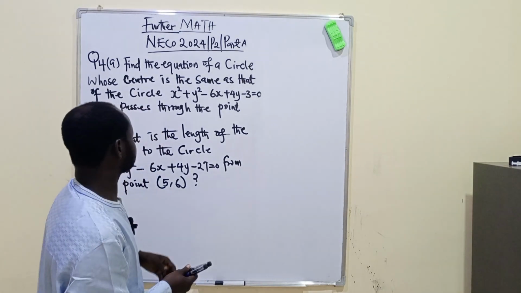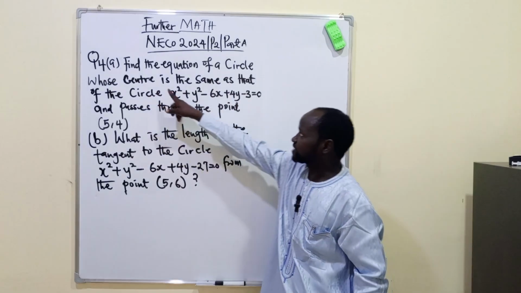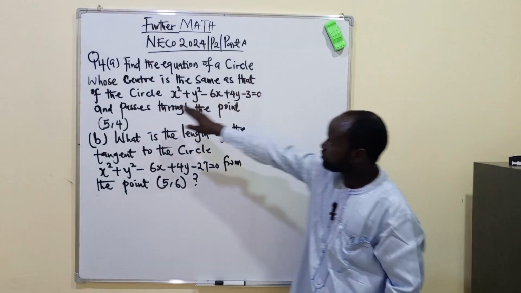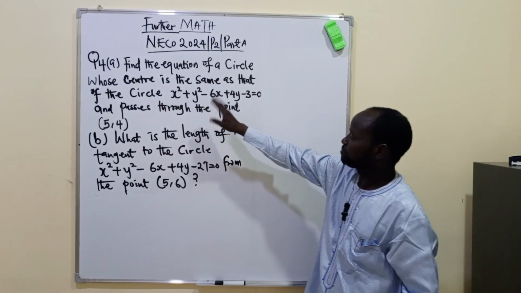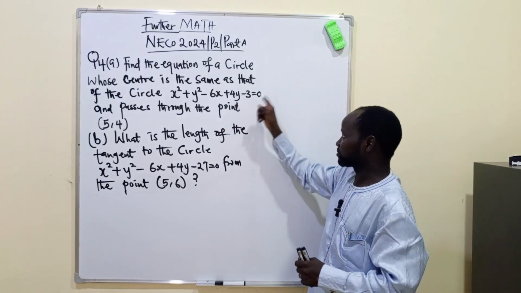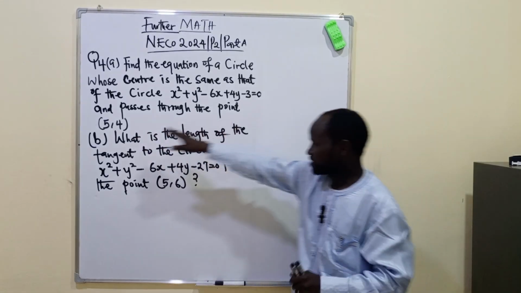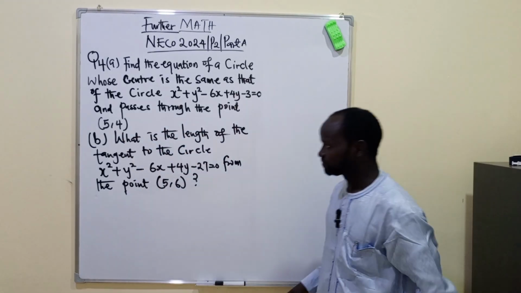Question 4a reads: find the equation of a circle whose center is the same as that of the circle x squared plus y squared minus 6x plus 4y minus 3 equals 0, and it passes through the point (5, 4).